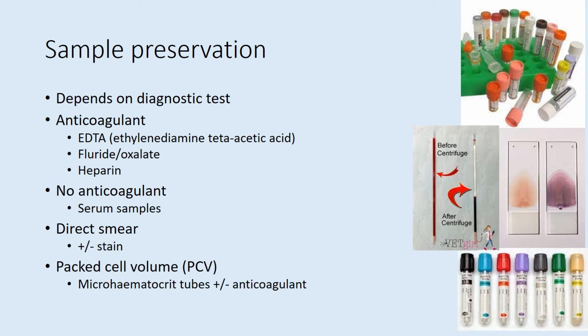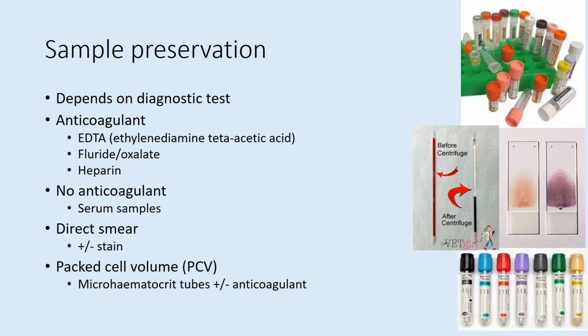And then again, you might use packed cell volume, which is a common test, which you can see in the other picture here. For this, you'll use a microhematocrit tube. Some of them will have an anticoagulant and some of them won't. So for example, if you're filling the packed cell volume microhematocrit tube with blood straight from a syringe, then it's likely that you will use an anticoagulant so that the blood doesn't clot before it gets to the full level that you need to run the test.